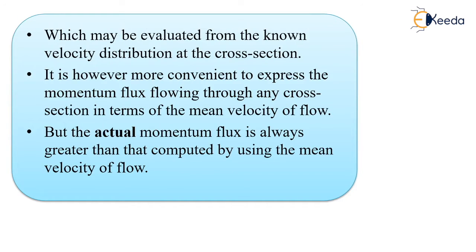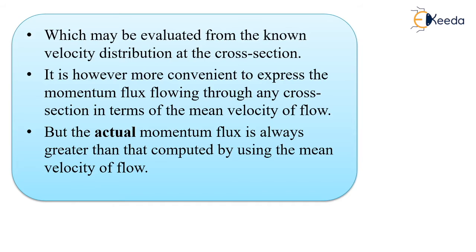It is, however, more convenient to express the momentum flux flowing through any cross section in terms of the mean velocity of the flow. But the actual momentum flux is always greater than that computed by using the mean velocity of the flow. Hence, there is a difference between the actual momentum flux and the momentum flux computed by using the mean velocity of the flow.